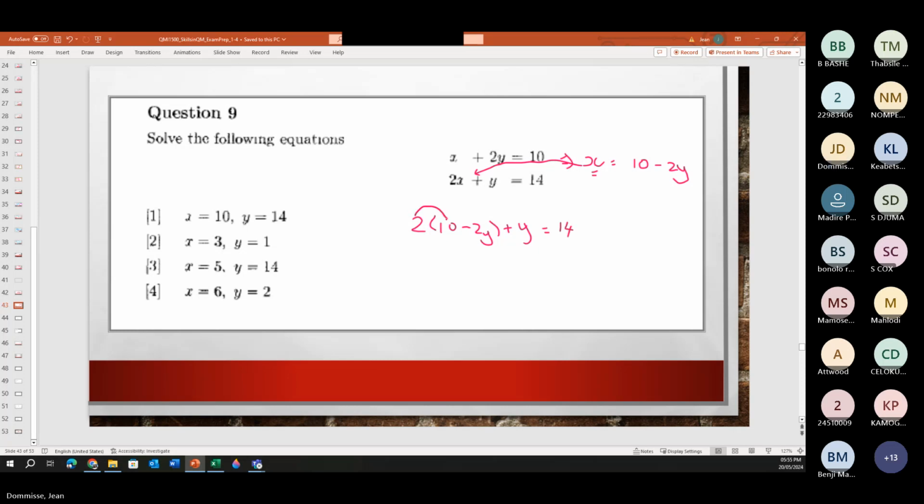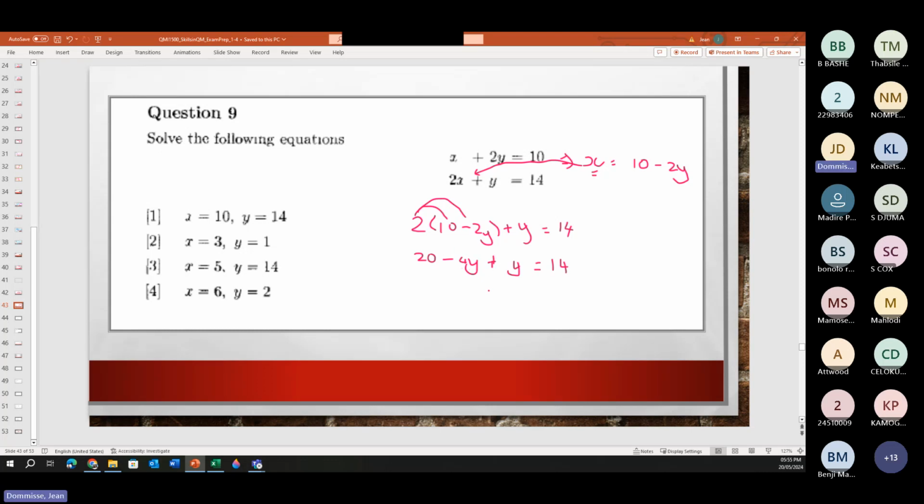So 2 times 10 is 20. 2 times minus 2y is minus 4y. Plus y equal to 14.